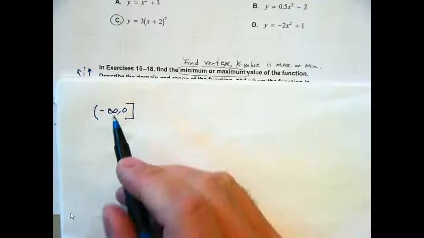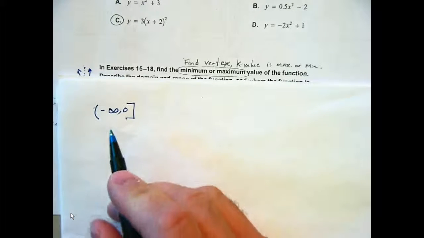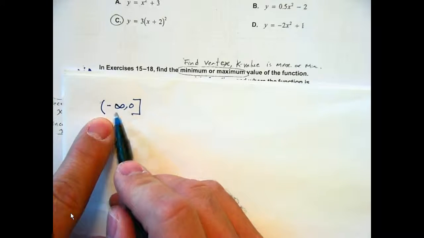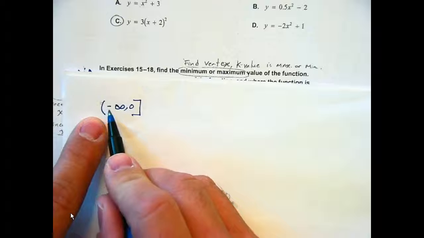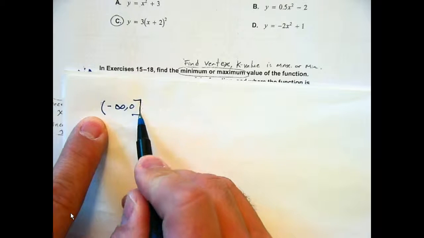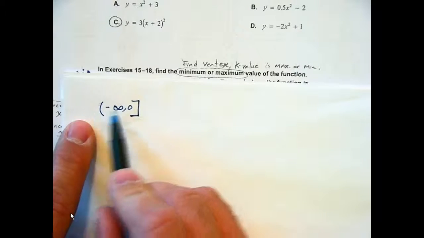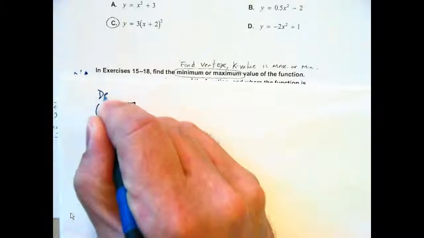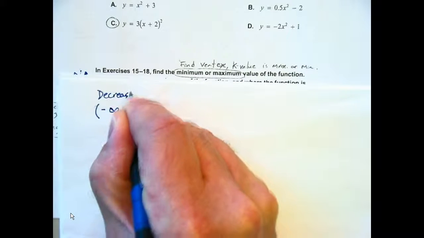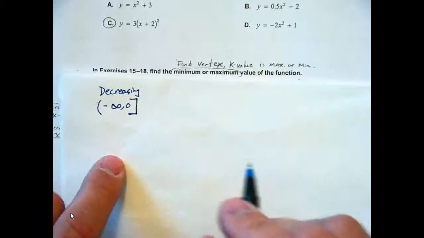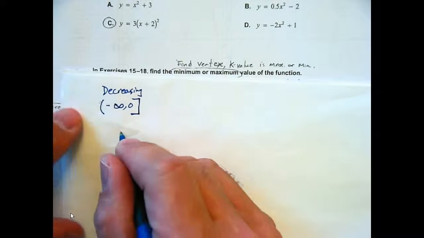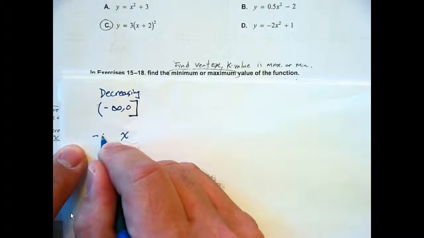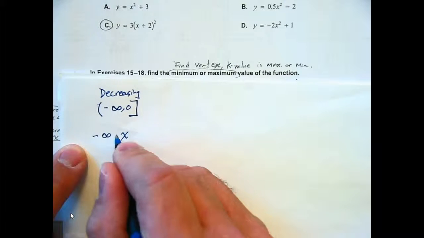This is saying that my graph goes from negative infinity to 0, and then it stops there. Really, this is like saying x less than 0. And so this is another way of mathematically saying this statement.